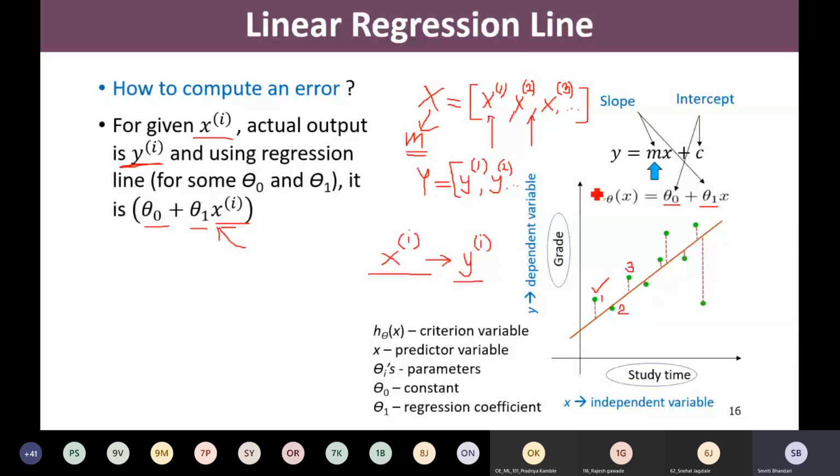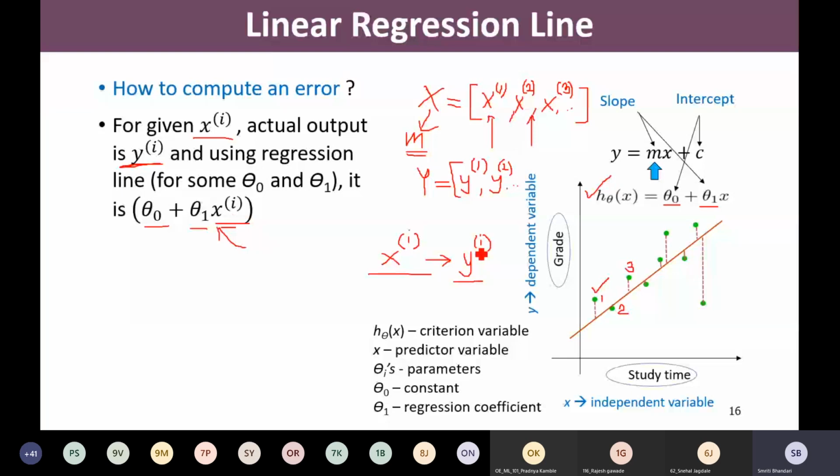So I am having the expression for hypothesis, that is h theta x equal to theta 0 plus theta 1 x. Right? So for ith sample, my x gets substituted by this x superscript i.